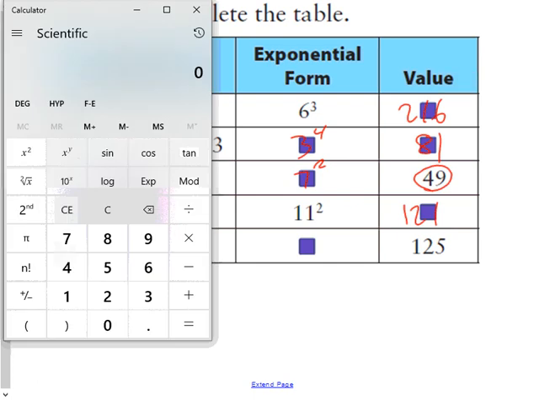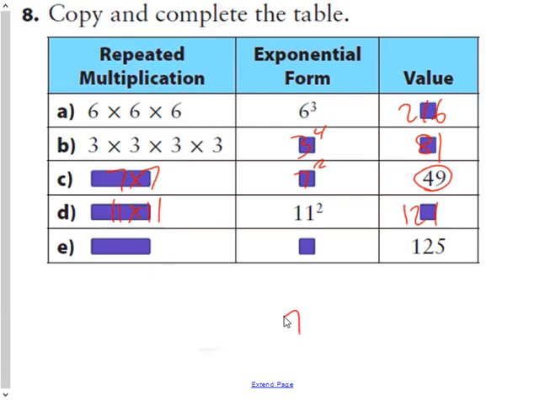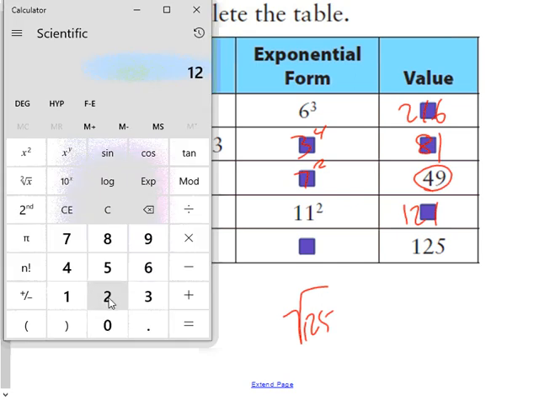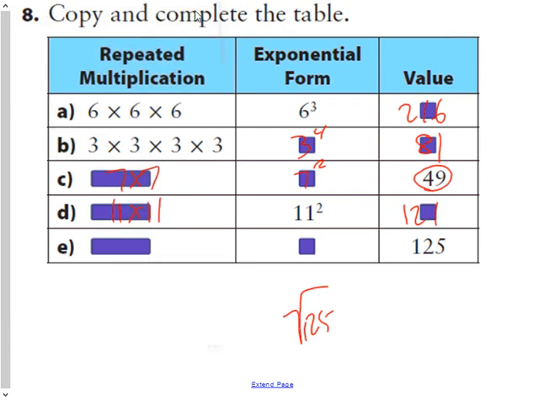Now, I don't have the button on here, so I can't use it, I don't think. Let's just see. Yes, I do. There it is there. So I know that there is no number multiplied by itself that gets me 125, but there might be a number that when multiplied by itself 3 times does. If I put the square root of 125 in the calculator, there is no whole number, so it's not a perfect square, so 125 doesn't work.